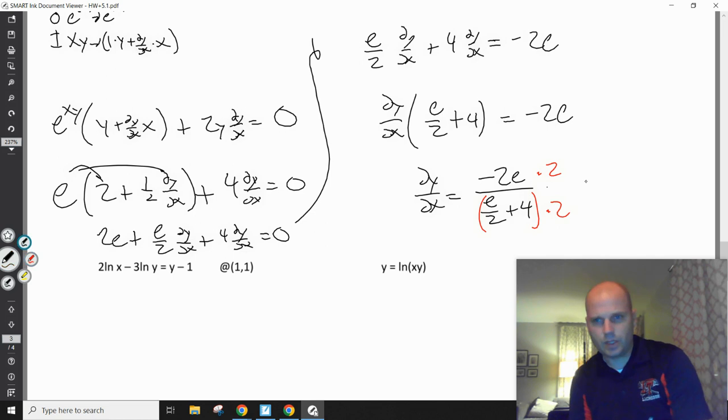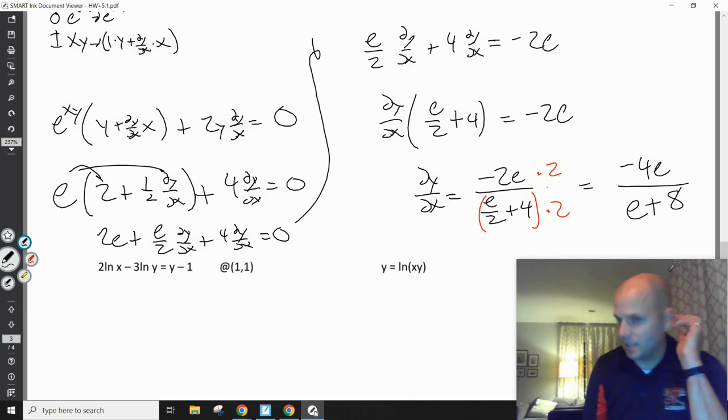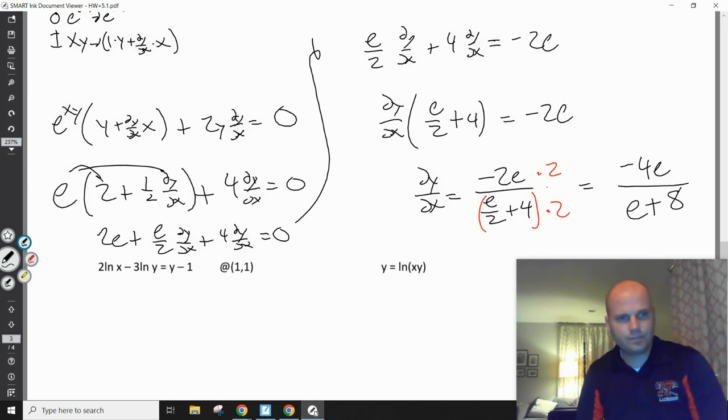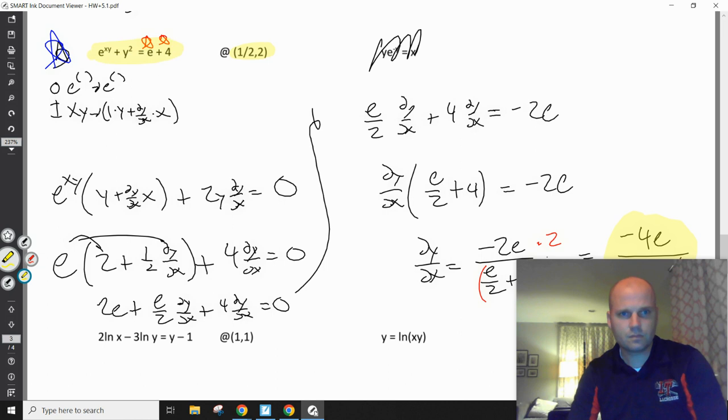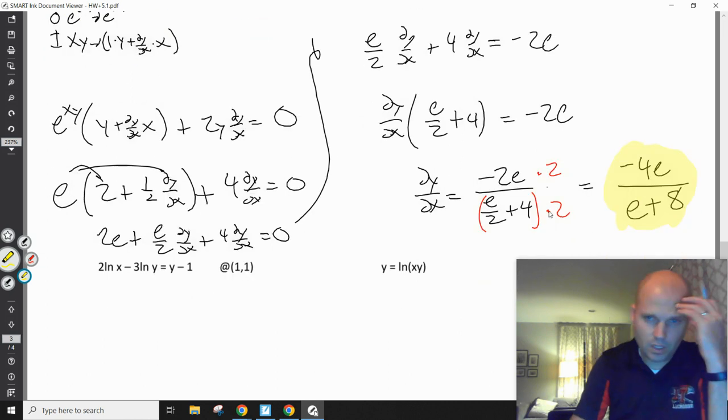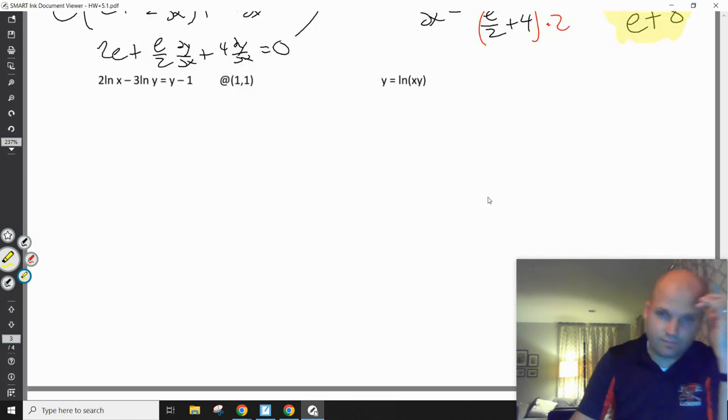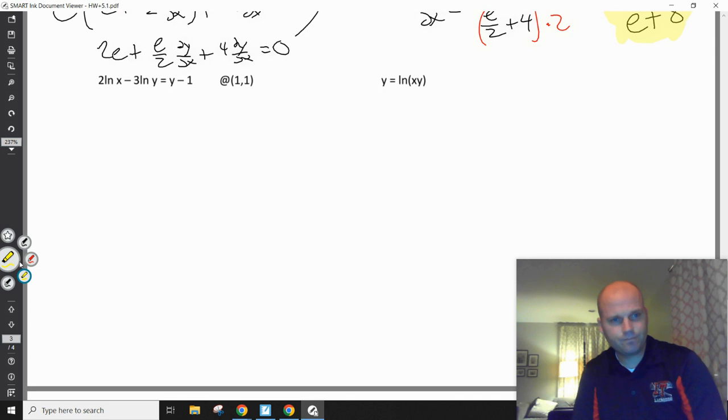So just by doing this, I can write this as negative 4e over e plus 8. This problem with an answer just like this is on your test, guaranteed. Okay? It's tricky, so heads up.